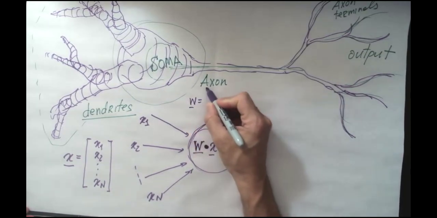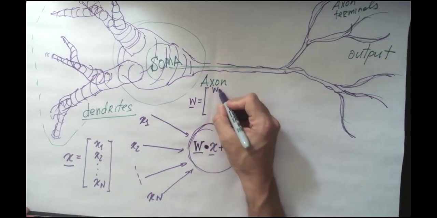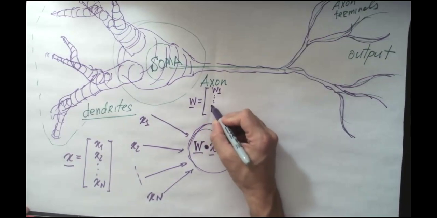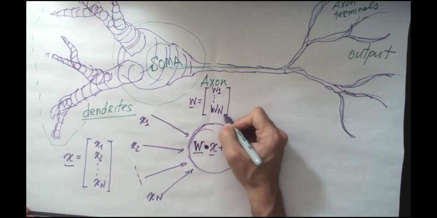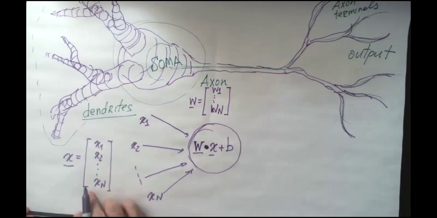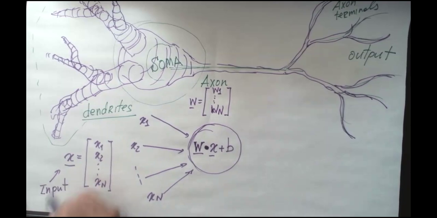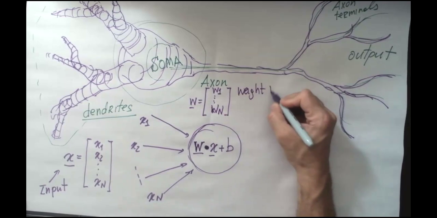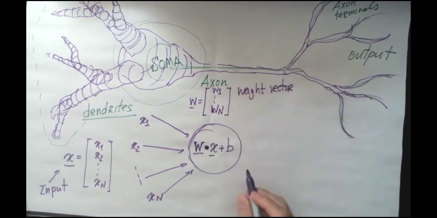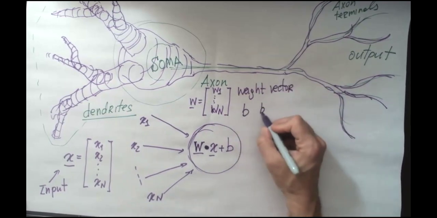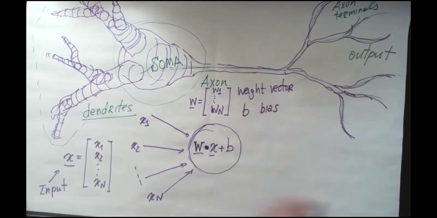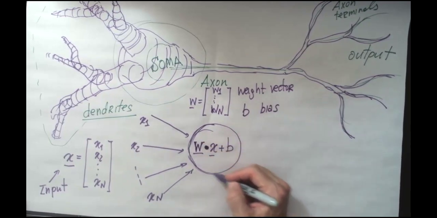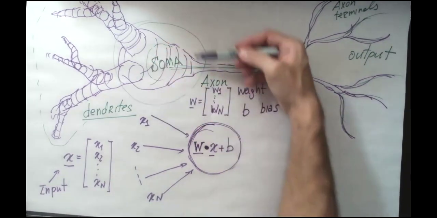W is the weight vector that has the same dimensions as the input. This is the input, this is the weight vector, and b is the bias. This is basically modeling the soma.